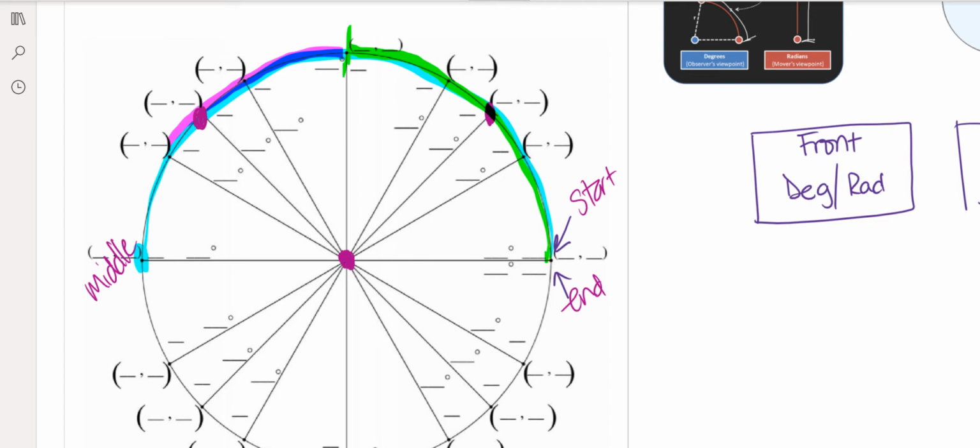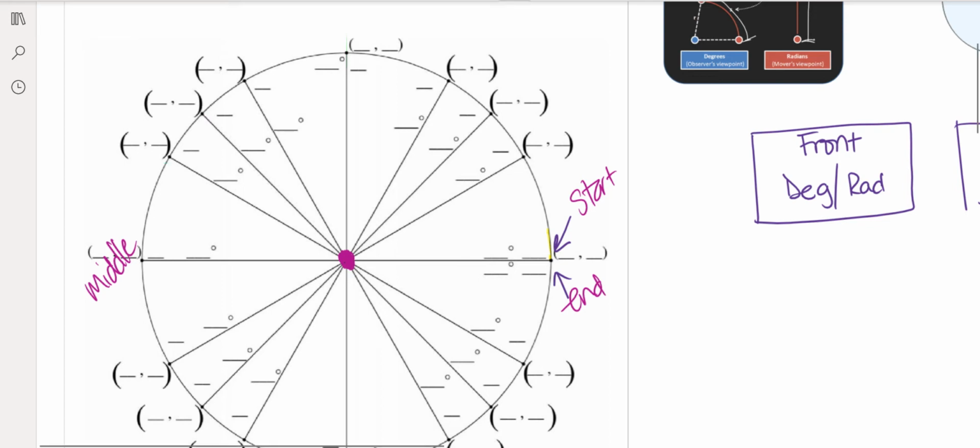So I started, let me get rid of all these colors. So we're starting here. We're going up and up and up. So then Aiden said when we get to that 90 degrees, now what am I doing? You're going down.